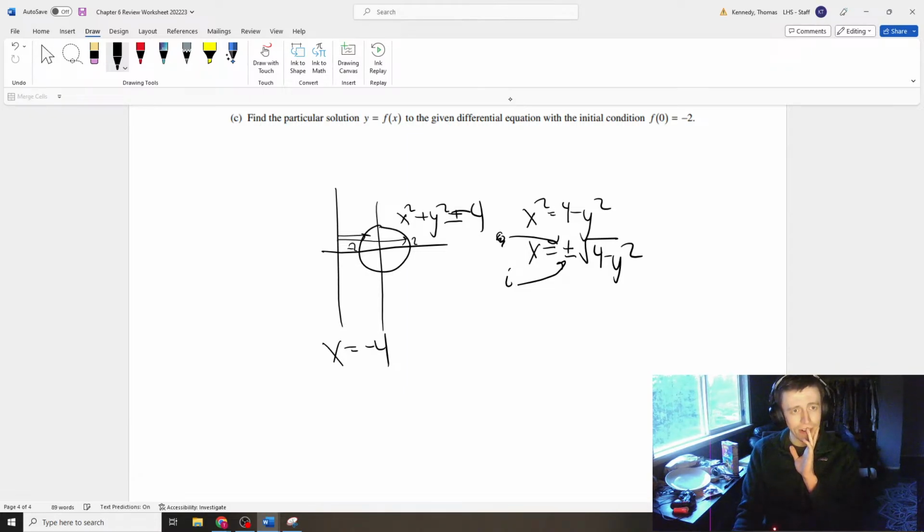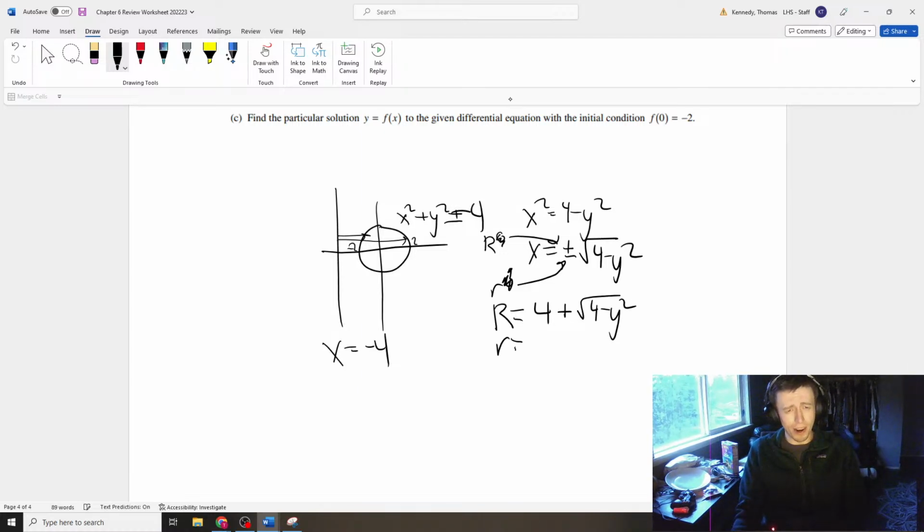Why did I call them outer and inner? Why didn't I just call them big R and little r? Big R and little r is roughly these distances. It's not quite these distances because I also have to do 4 plus 4 minus y squared. So my big R would actually be 4 plus the x coordinate of the positive one, which is square root of 4 minus y squared.